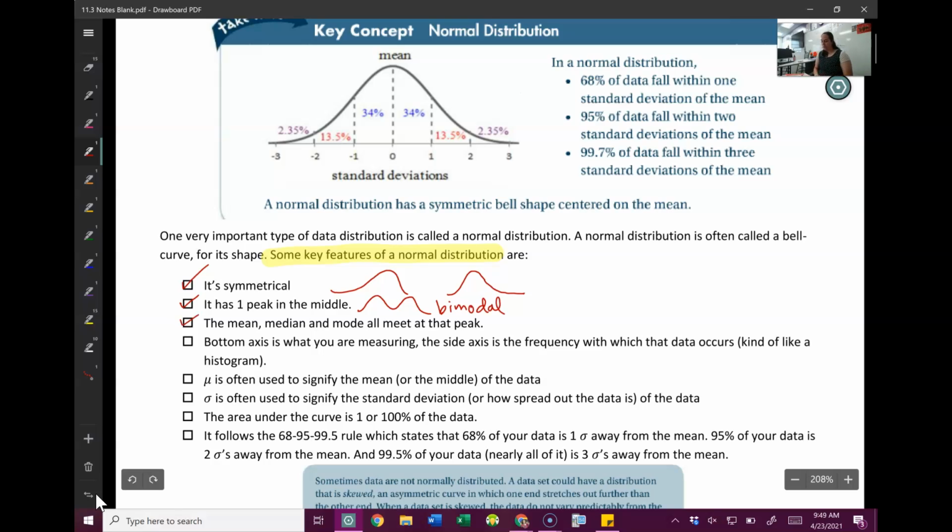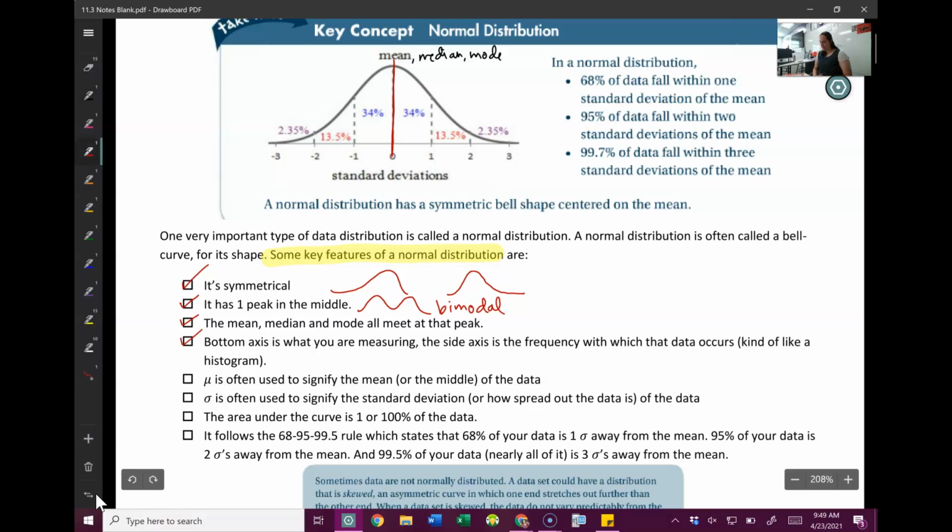Next, the mean, median, and mode all meet at the peak. So right here at this peak, that is where the mean, the median, and the mode all are. And they're all right there at the peak. If the mean and the median are different from each other, that's where we start to get skewed data.